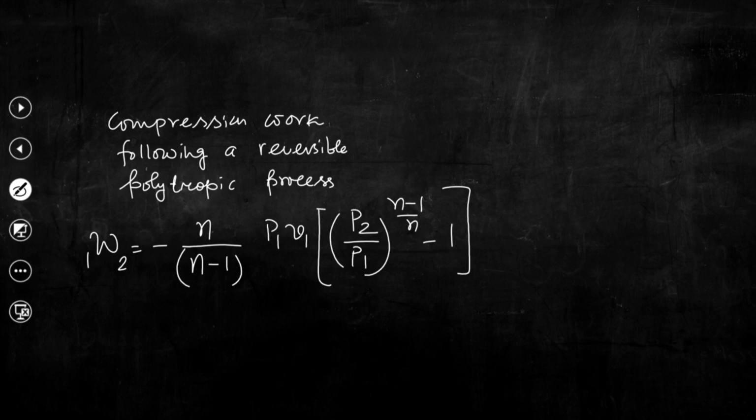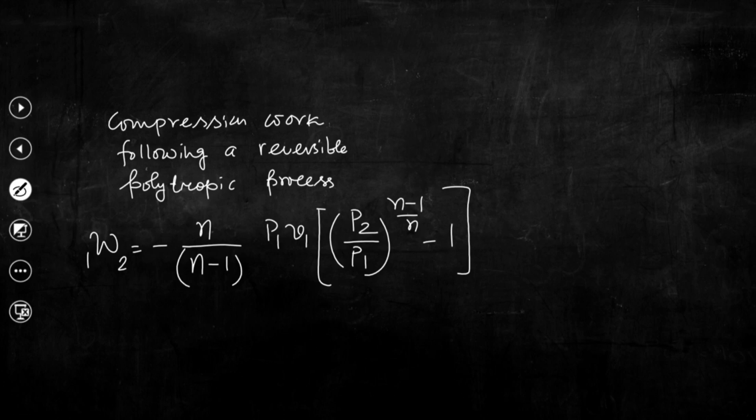Now, today we shall discuss graphically that if we try to map the compression processes in the PV plane from a graphical representation of those processes, we also can estimate qualitatively the amount of compression work that would be needed to be supplied.